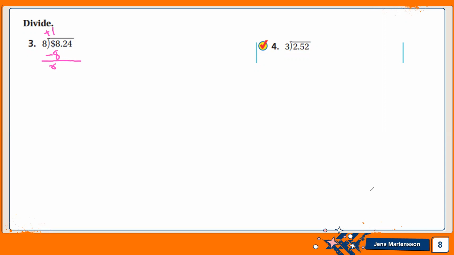What is the small thing after 8? Subtract, added 0. Then what is the small thing after number 8 here? The decimal point. Yalla, put it up.